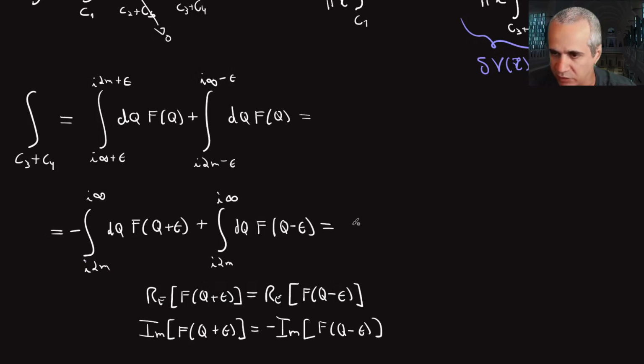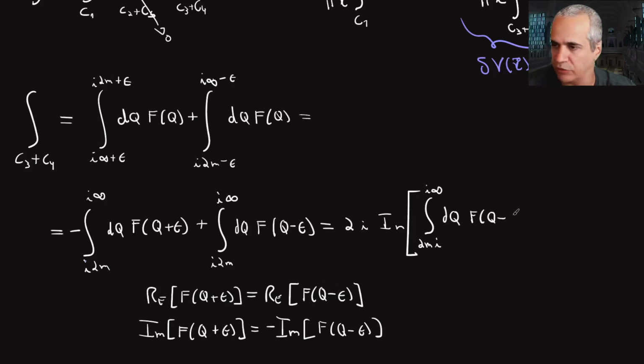So this will be 2i times the imaginary part of the whole integral from 2mi to i infinity of dq f(q minus epsilon), or plus epsilon, it doesn't matter.